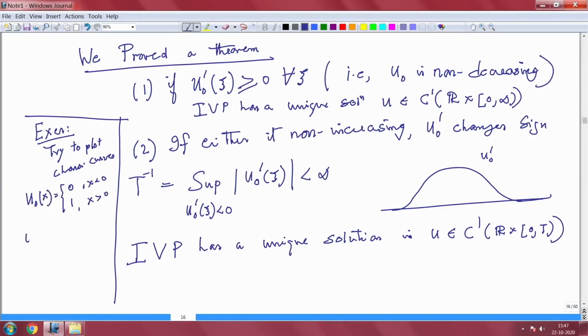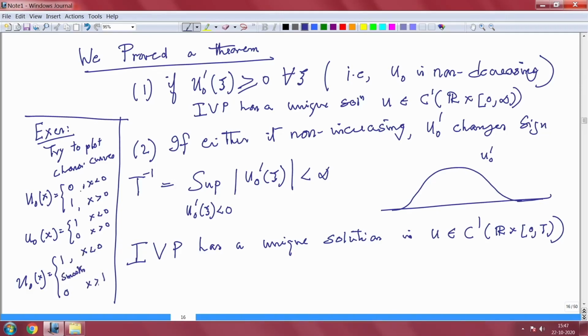You also plot the curves for u naught of x equal to 1 for x less than 0 and 0 for x greater than 0, and if you have another u naught, I will put it, you will have 1 if x is less than 0 and 0 if x is greater than 1. Here it is smooth.